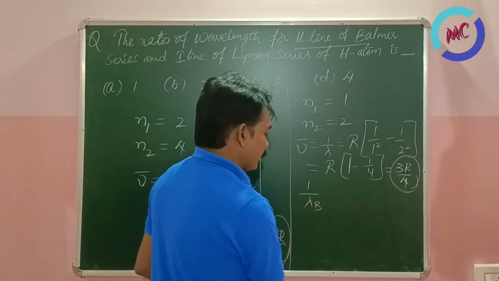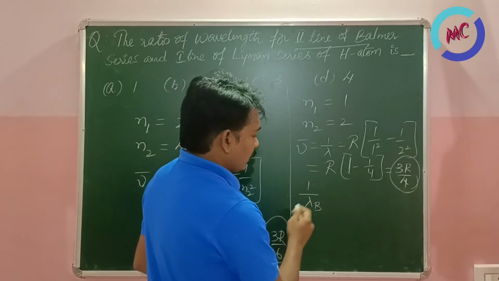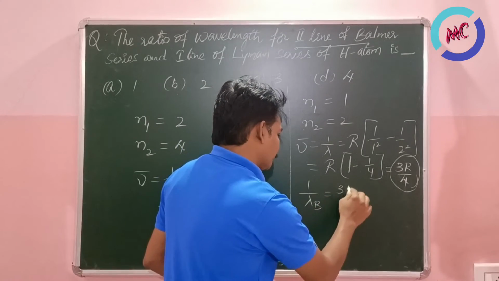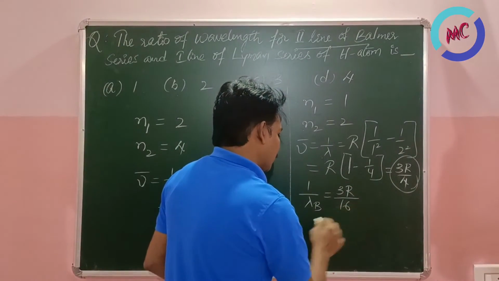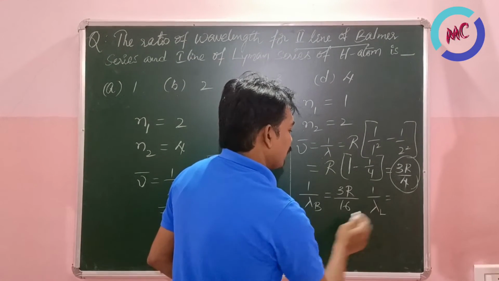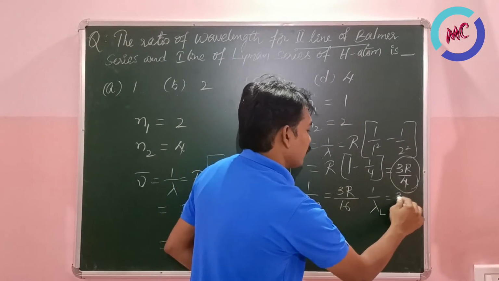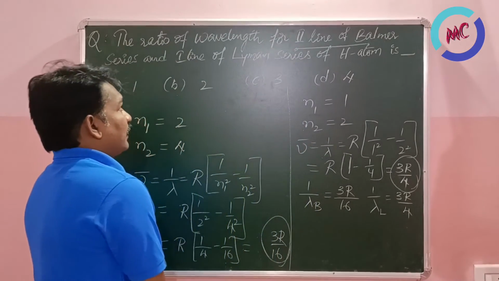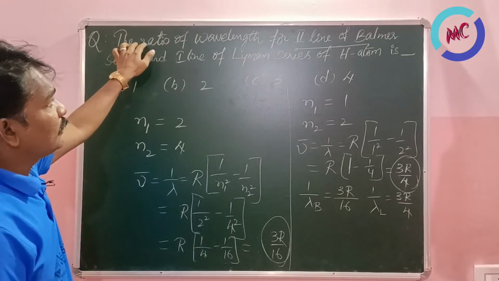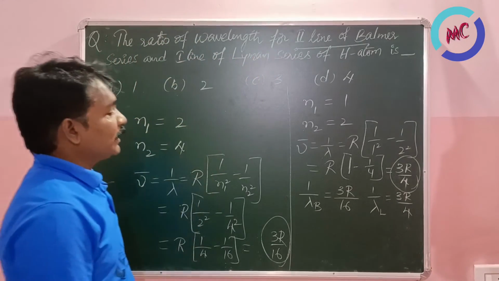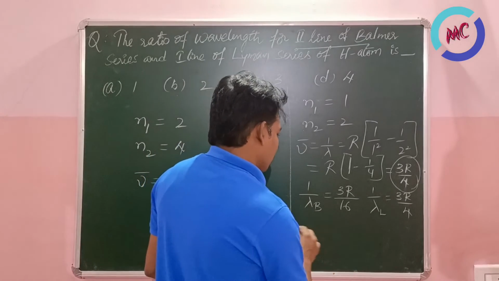Just for understanding I am writing B in the sense Balmer series, 1 by lambda B equals 3R by 16, and 1 by lambda L in the sense Lyman series, that is 3R by 4. They are asking the ratio of wavelength for second line of Balmer to first line of Lyman series.